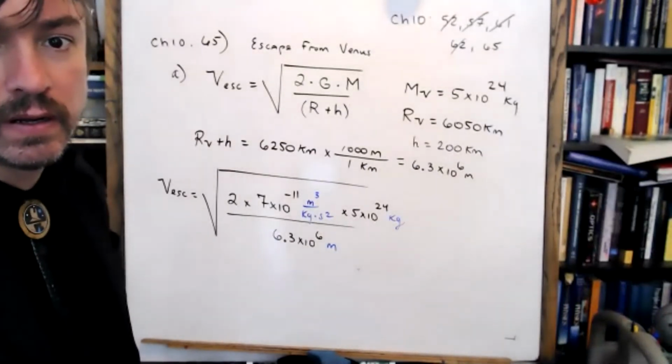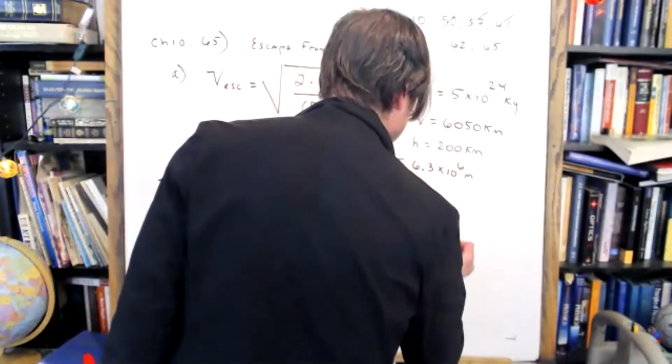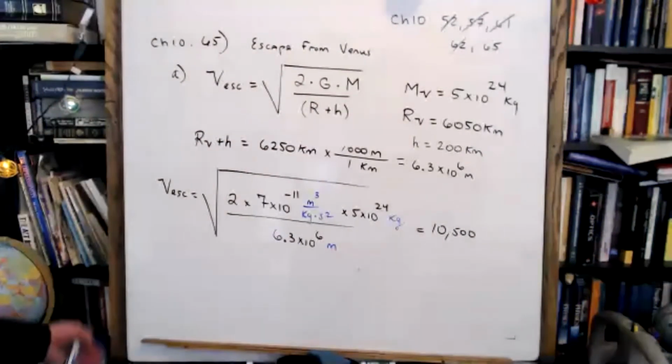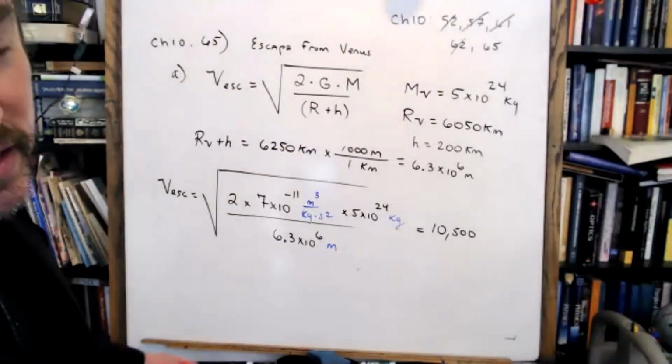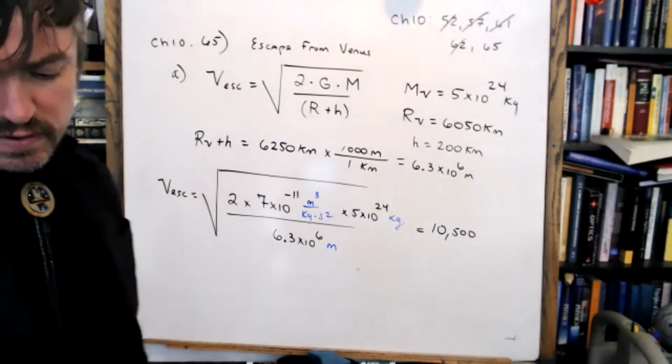I got about 10,500. Oh, so what are the units? Um, it's a velocity, Ian. Try to imagine some units of velocity in the MKS system. Is it kilograms squared times second squared?